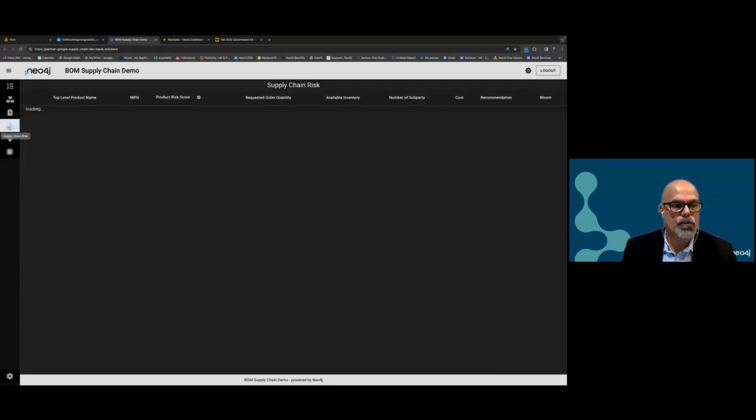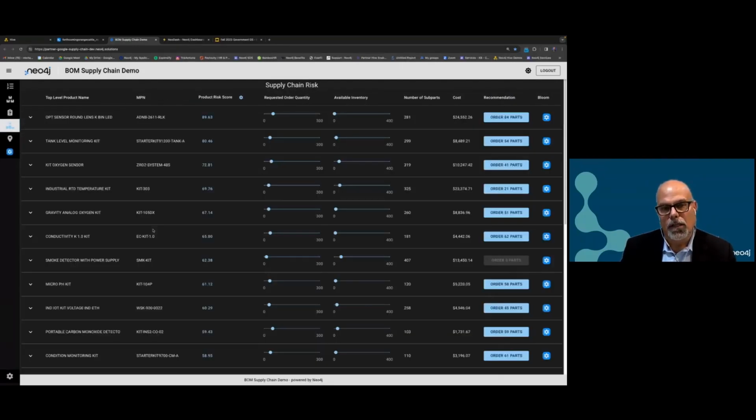I can also run algorithms like centrality and look for things like part contention. Again, I can take a look at all of the different parts that are in a shortfall status. I could actually calculate what would be a safety stock order that I would need to rectify that.